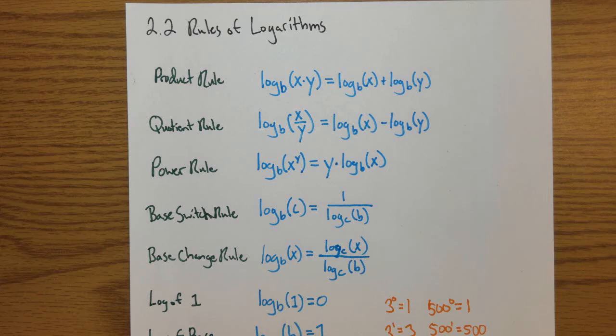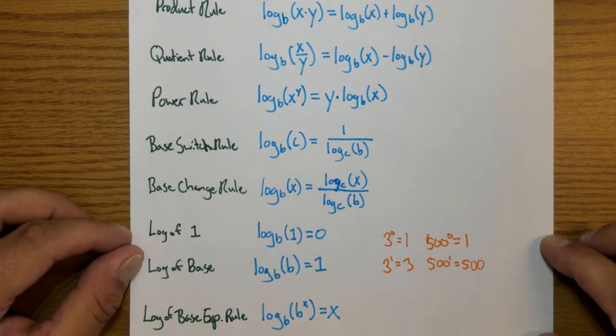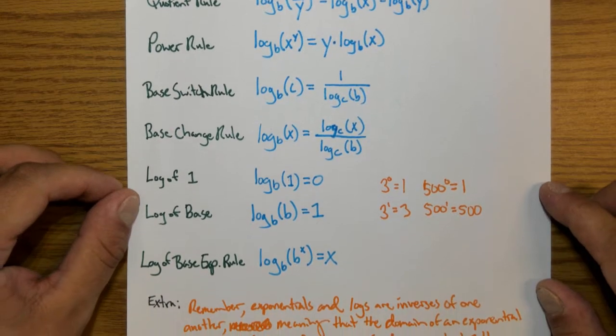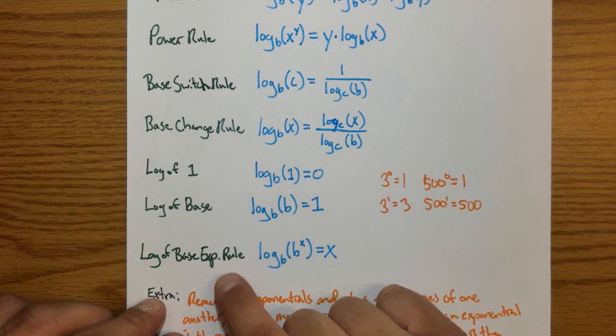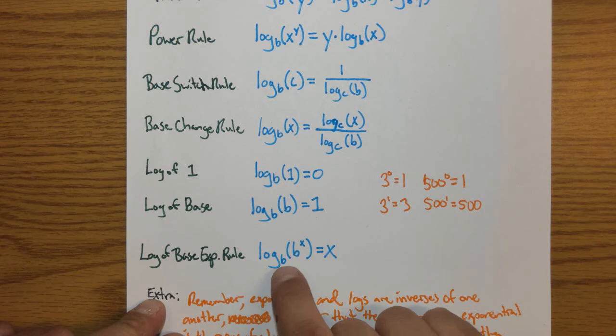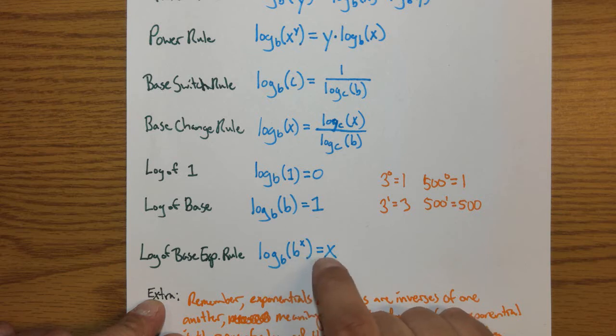important things to note. The first is I added another rule to our rules of logarithms, and that is the log of base exponential rule. It says that if we have a log to some base of some number, and that number is to an exponent, and the base and the number are the same, then that is equal to just the exponent.